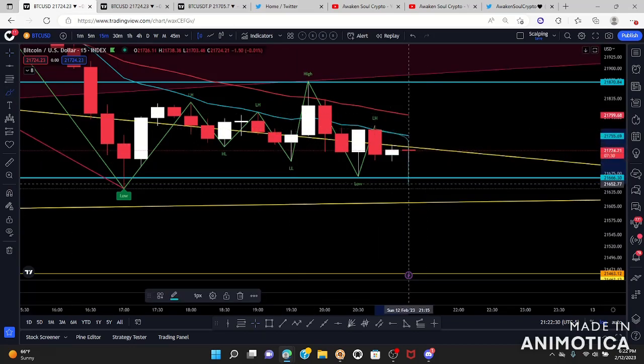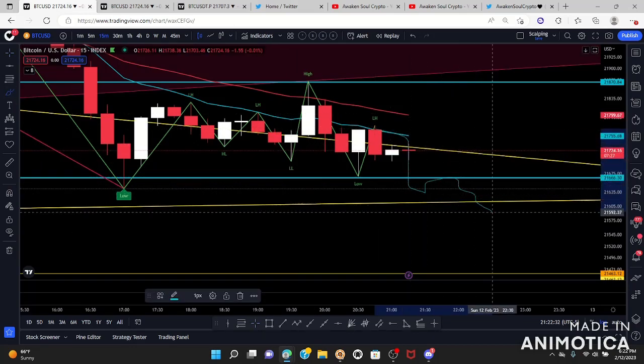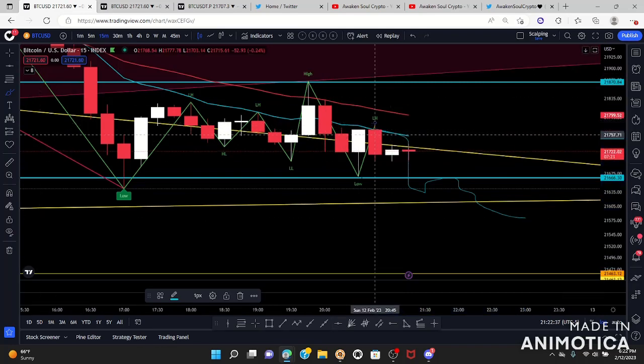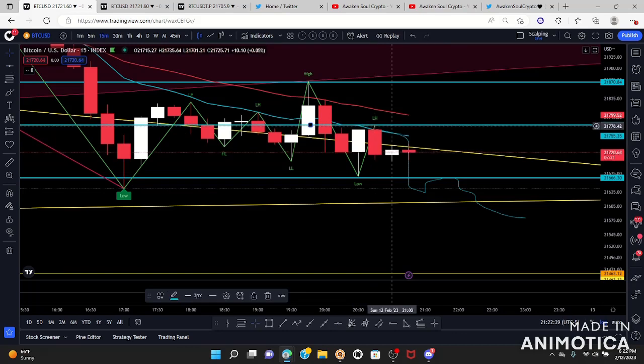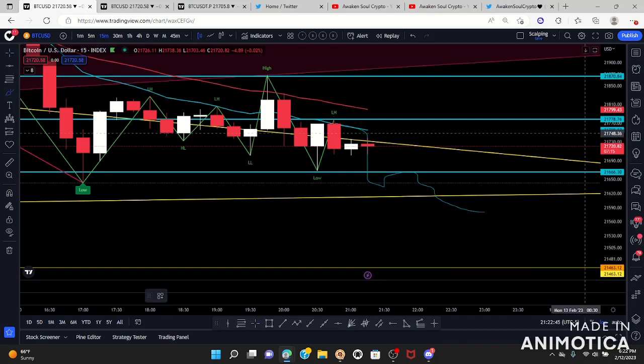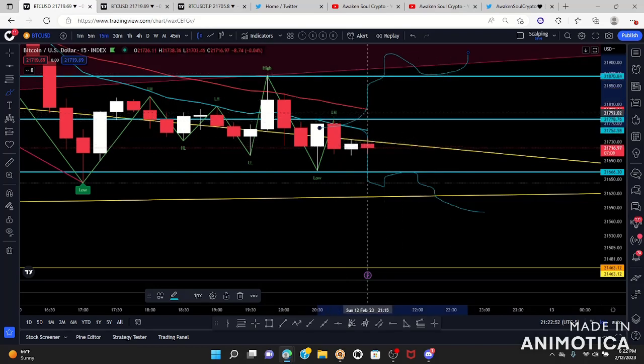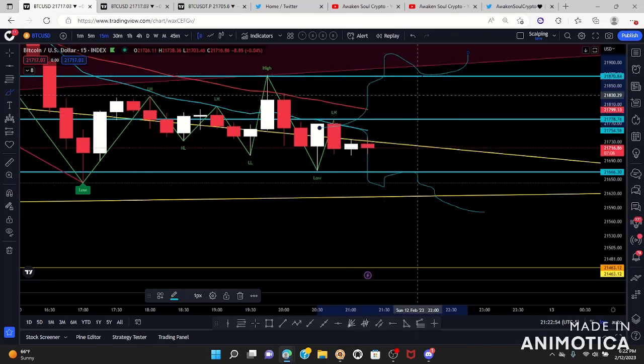So we break here, wait for it, retest, and then continuation. So I would place my stop loss right here at previous lower highs, and then enter my short at new lower highs, right? And again, if we're gonna long, like I mentioned, you want to set your stop loss at higher lows and enter at higher lows.